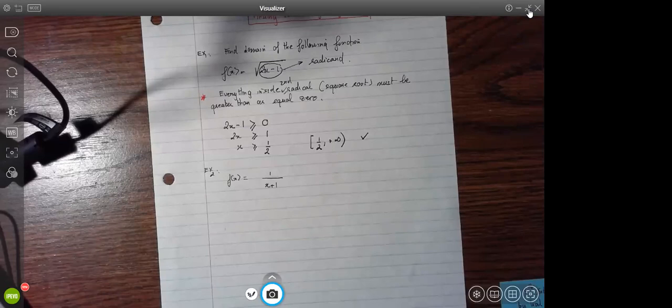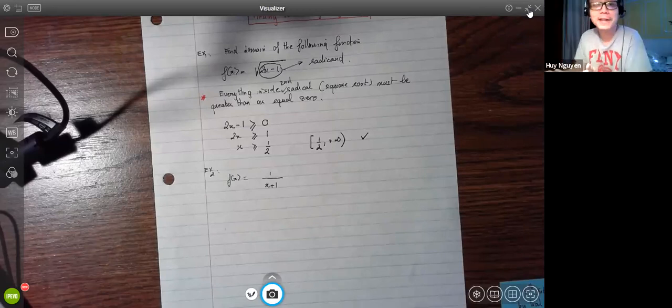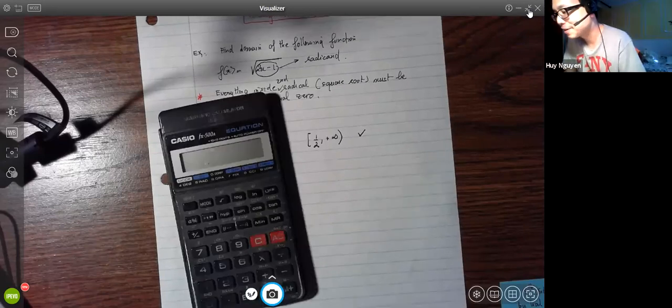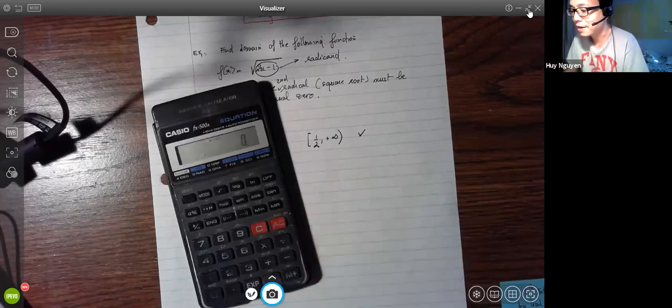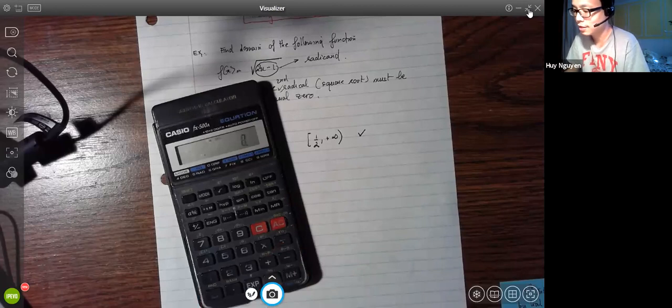Yeah, you can't divide by 0. If you forget, I just use the calculator. Let's take 2, hit the division sign, 2 divided by 0, and press equal. Boom, error. So 2 divided by 0 does not work.